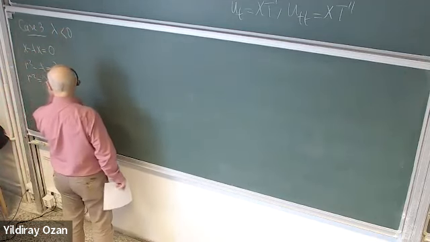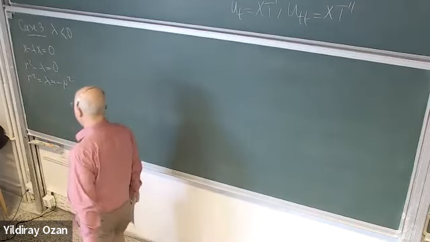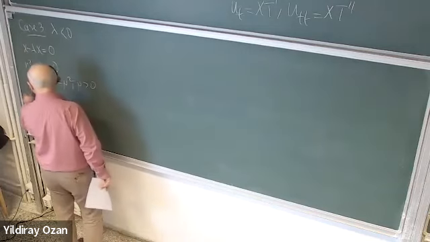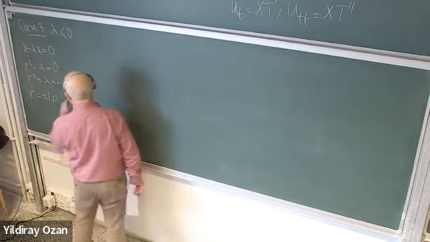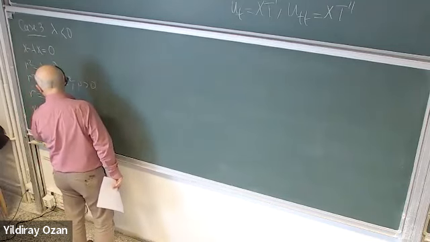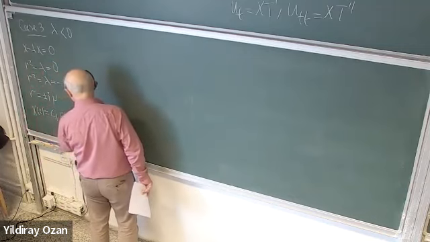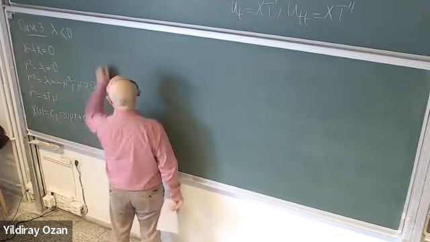So let's say this is minus nu squared. Nu is positive. So r is just plus minus i times nu, purely imaginary. Therefore, X of x is just c1 times cosine nu x plus c2 sine nu x.